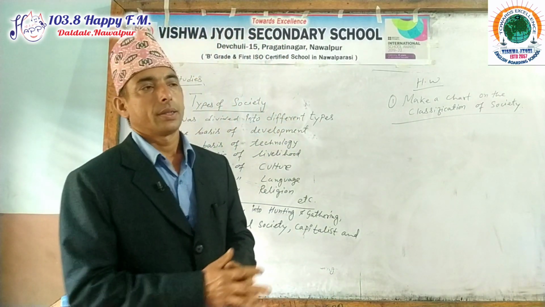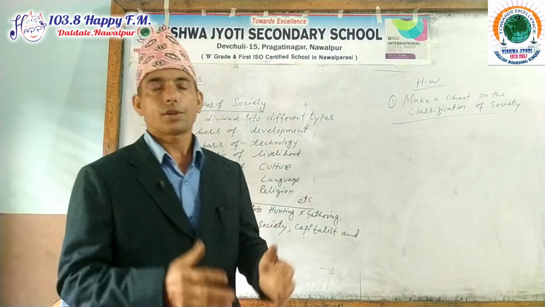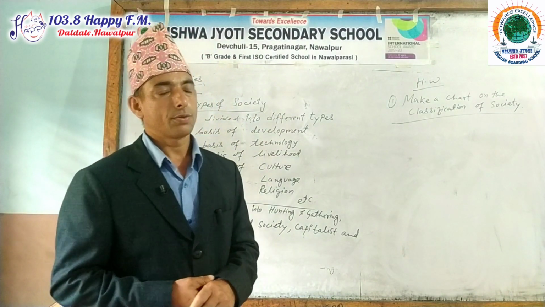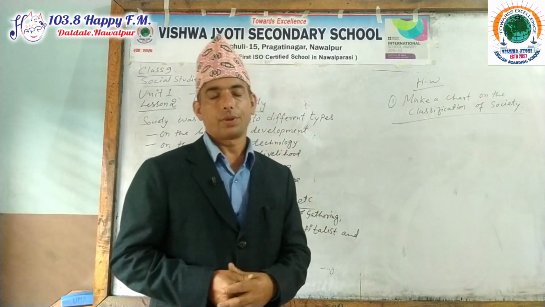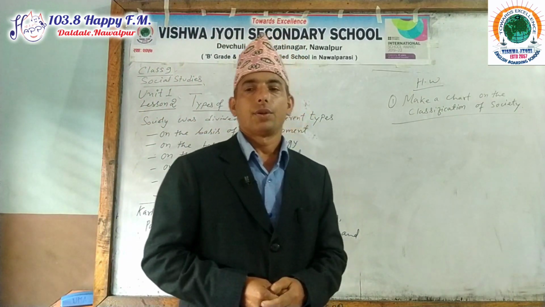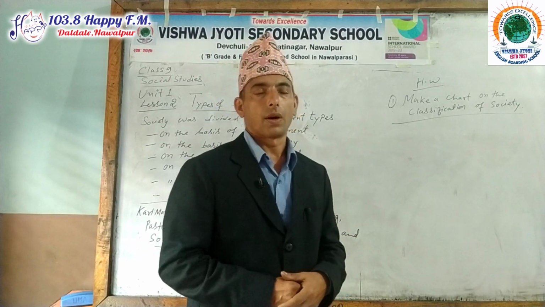So after that agricultural society, the next point is industrial society. In this industrial society, as you know, we are in the industrial age, different types of machines are used for different works.